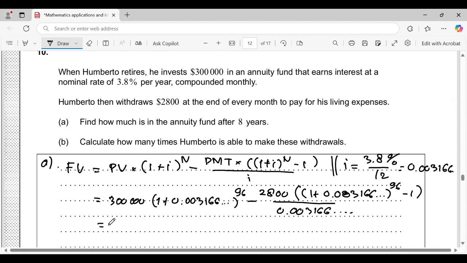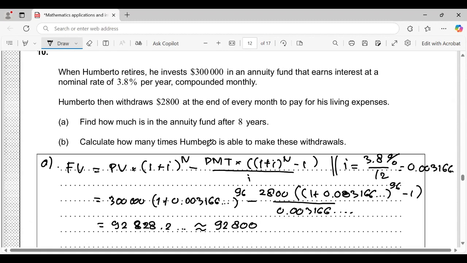And if you calculate, the result is 92,828.2, and rounded off becomes 92,800.